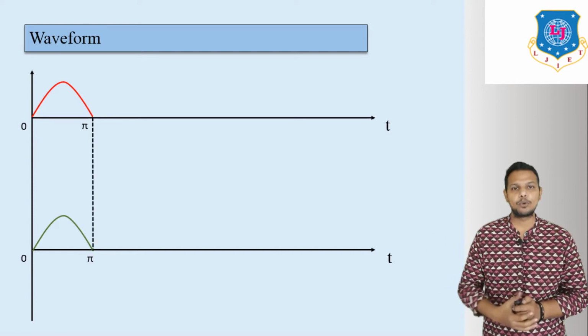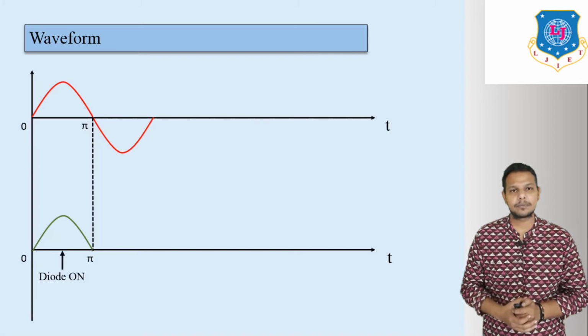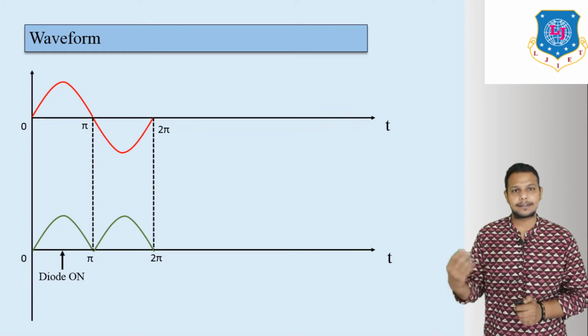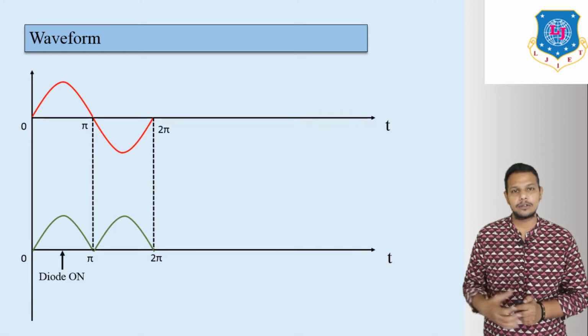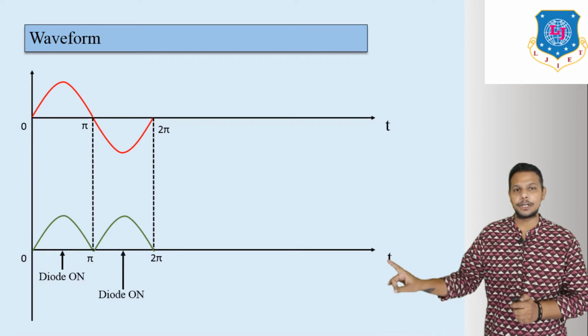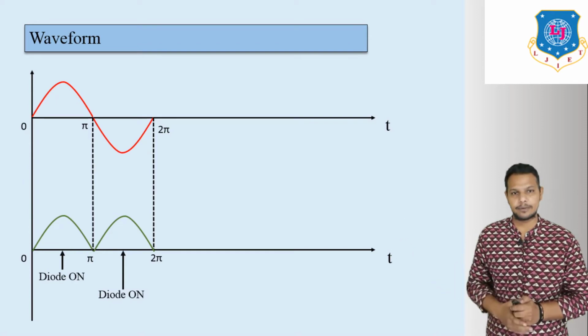Now at the input, if we apply negative half cycle, then we will get positive again, pi to 2 pi. That means the diode is on, but here make sure this diode is D2 and the first diode is D1.